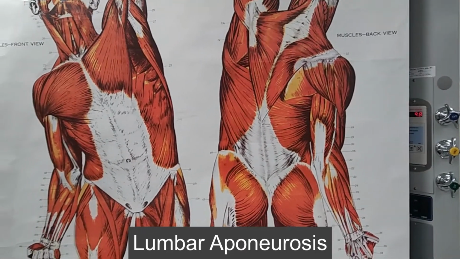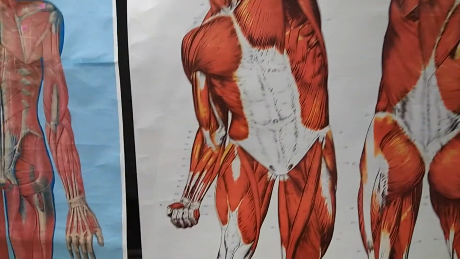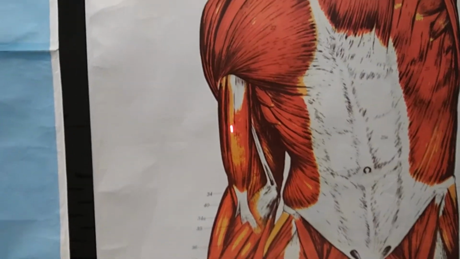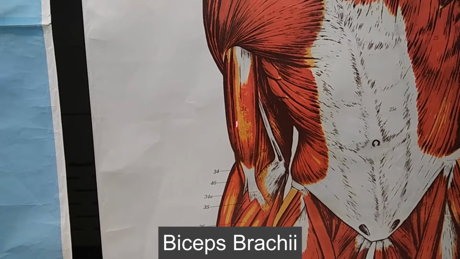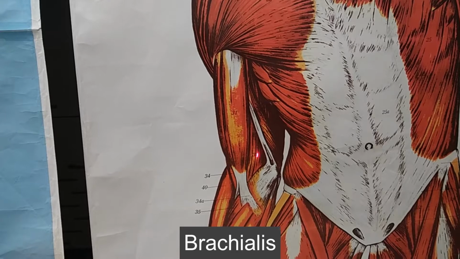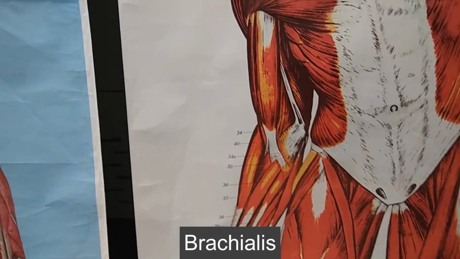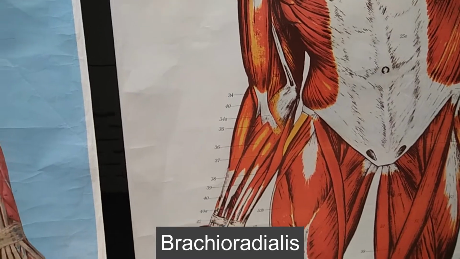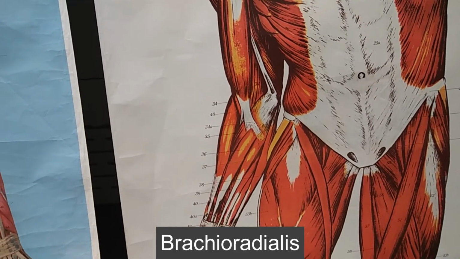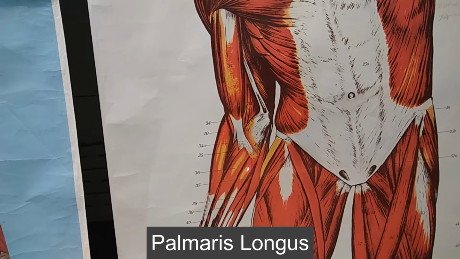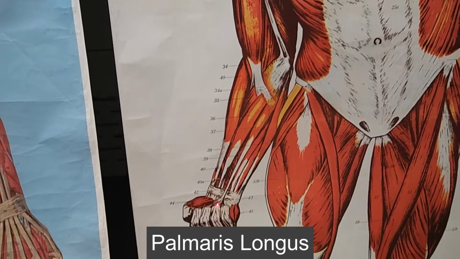Okay. All right, so let's go to the upper appendage. Okay, so the muscles here. This is the Biceps Brachii. Okay. Muscle underneath it right here is the brachialis. This is the brachioradialis. All right. This one here looks like it's the Palmaris Longus because it goes to all your digits down here.